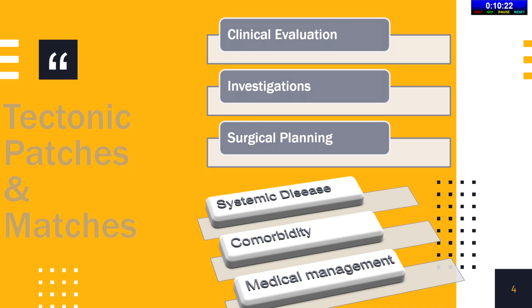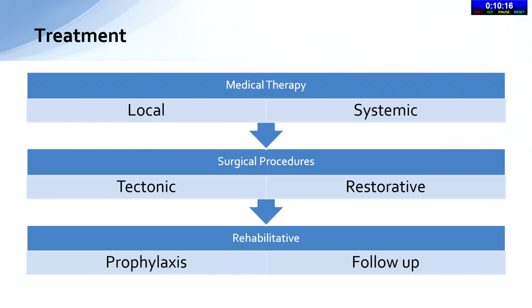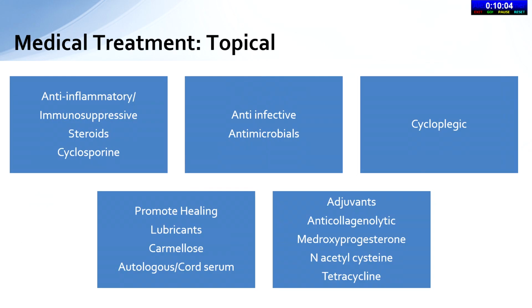But when required, the endocrinologist will put the patient on insulin and monitor closely. So medical therapy, surgical procedures, and then don't forget rehabilitation. After all this, long-term monitoring and follow-up to see what happens afterwards.